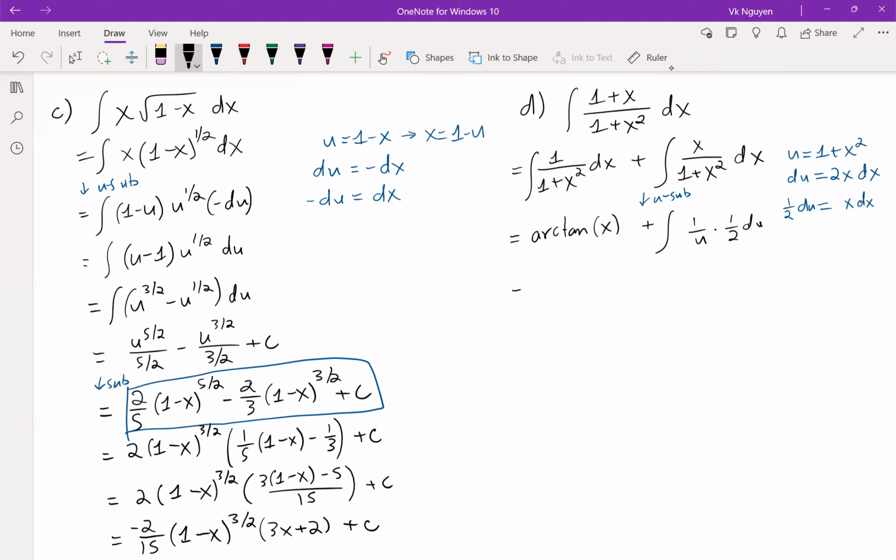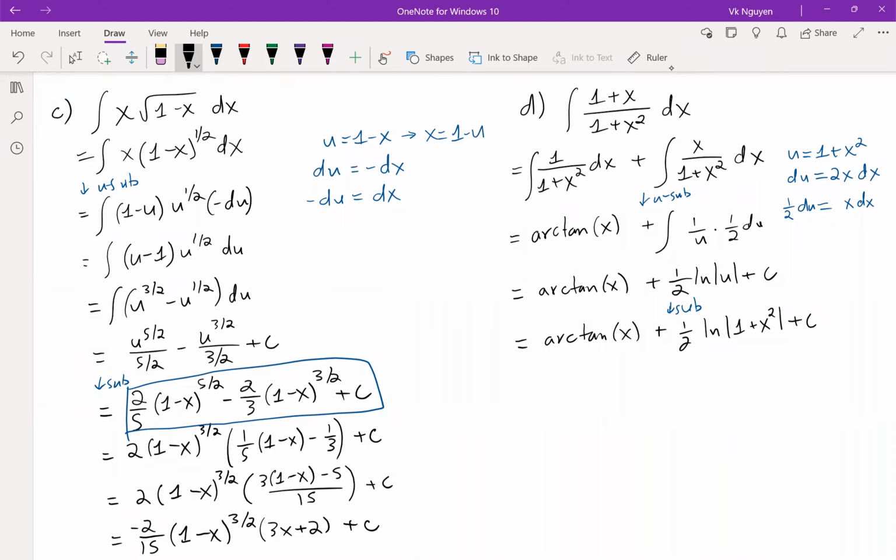Pretty nice. Arctan x plus, well, this is half of ln absolute value of u plus c. So we have arctan x plus, do the sub for u, half of ln absolute value 1 plus x squared plus c.